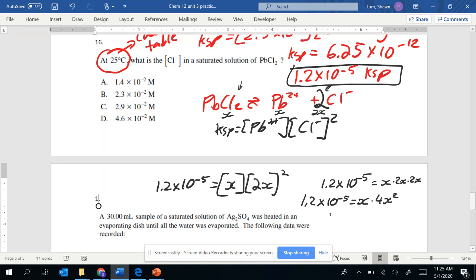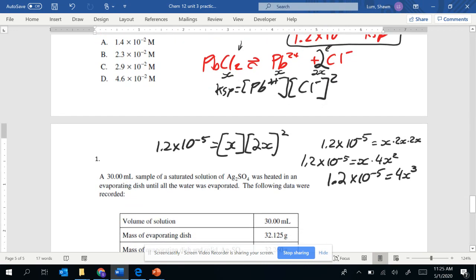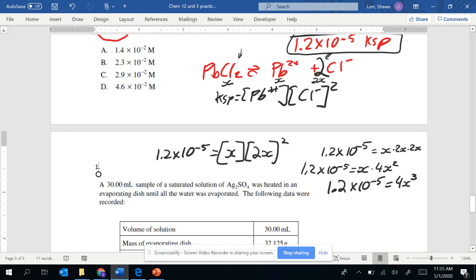And then I'm going to multiply that x in there, 1.2 times 10 to the minus 5 equals, so x times 4x squared will be 4x cubed.